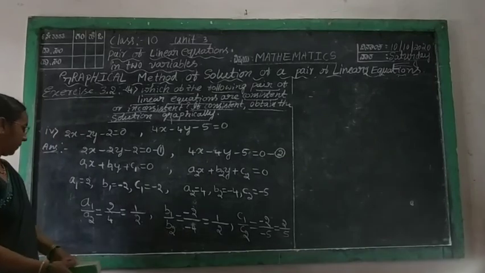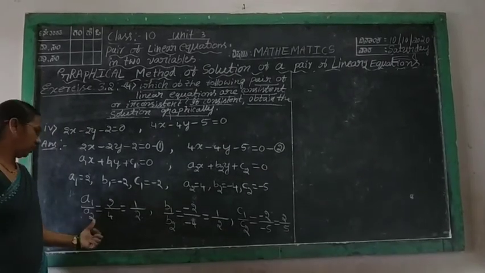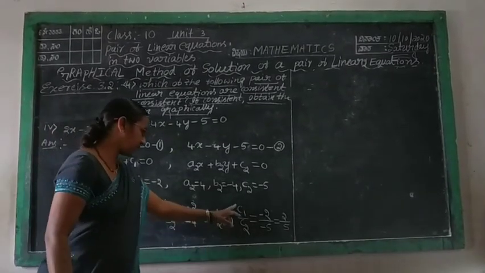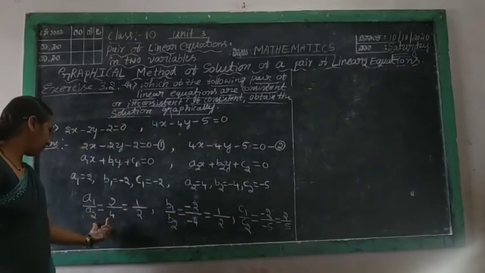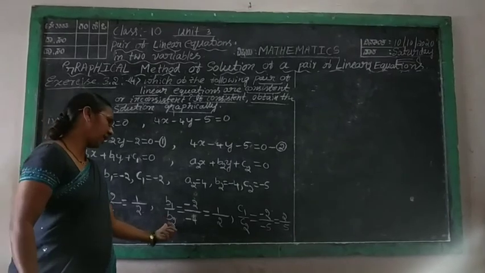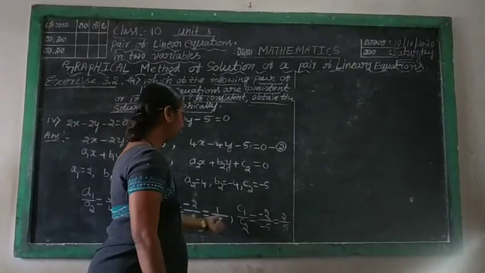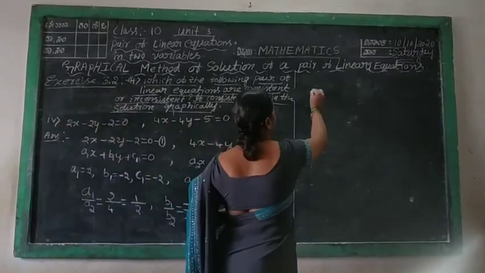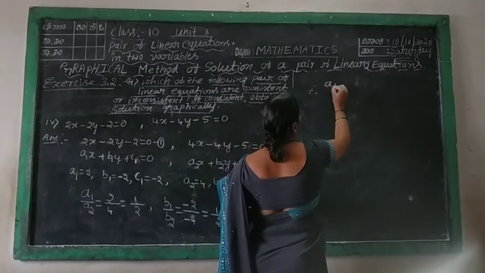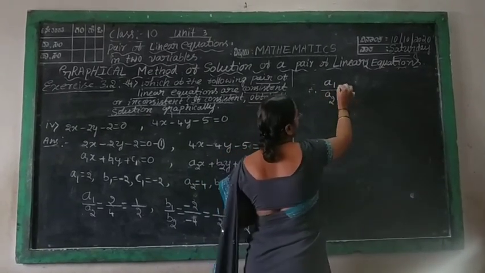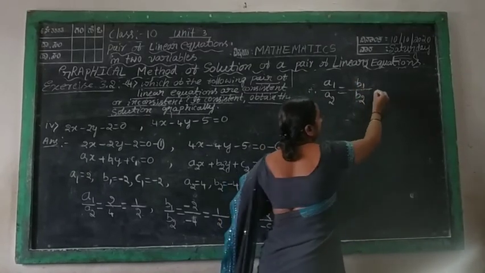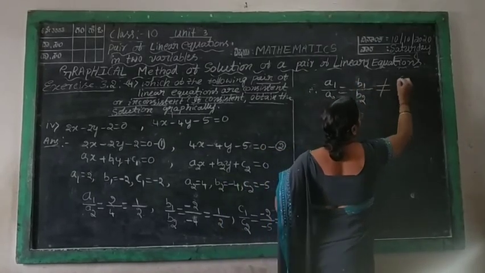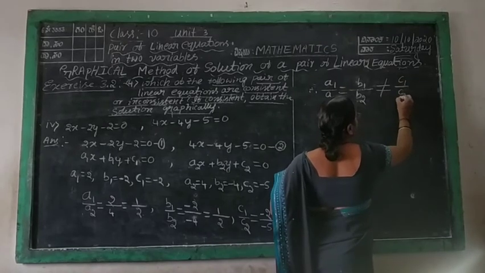Then we compare a1 by a2, b1 by b2 and c1 by c2. It is shown here that a1 by a2 and b1 by b2 are the same but not equal to c1 by c2. Written as a1 by a2 ratio is equal to b1 by b2 but not equal to c1 by c2 ratio.